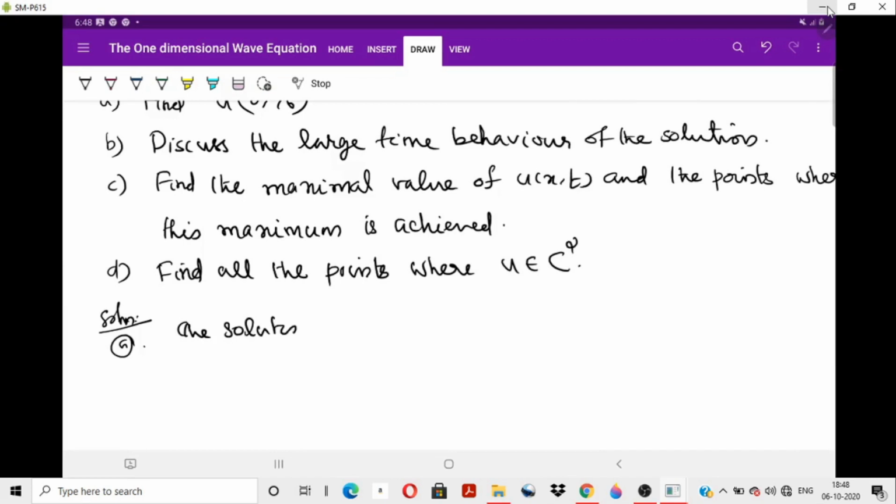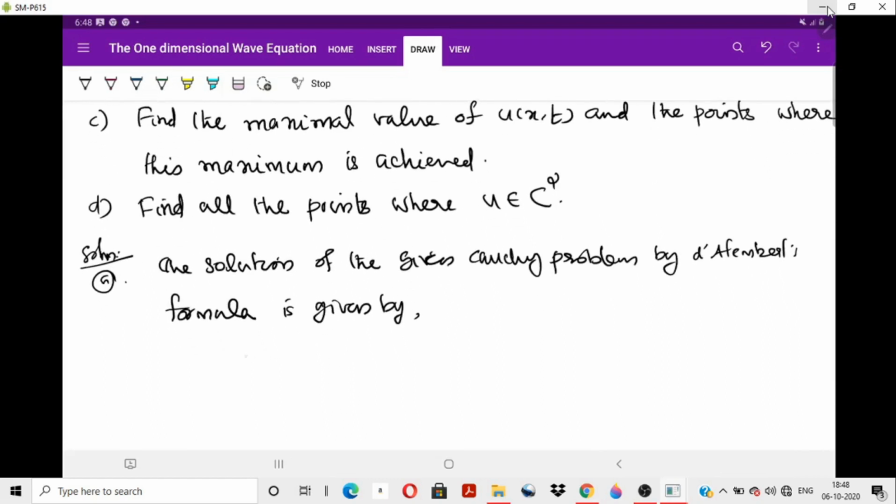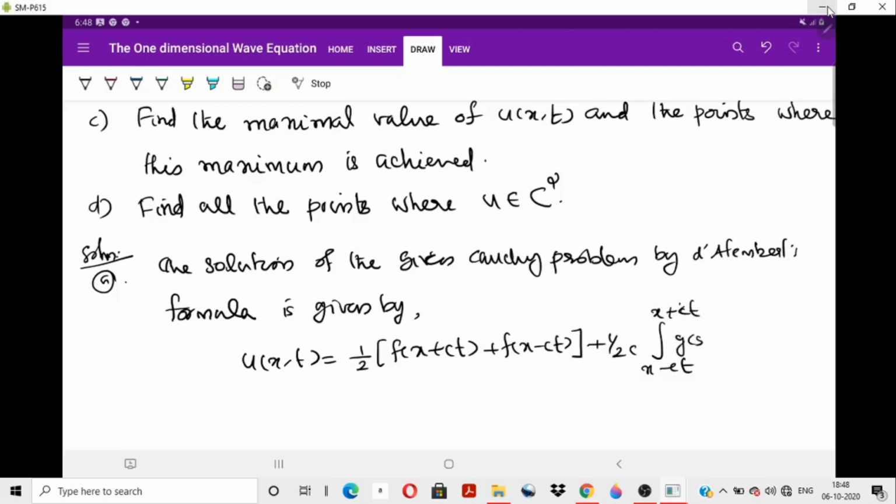The solution of the given Cauchy problem by D'Alembert's formula is given by u(x,t) equals 1/2 times [f(x+ct) plus f(x-ct)] plus 1/(2c) times the integral from x-ct to x+ct of g(s) ds, where f and g are the functions given in the initial conditions.